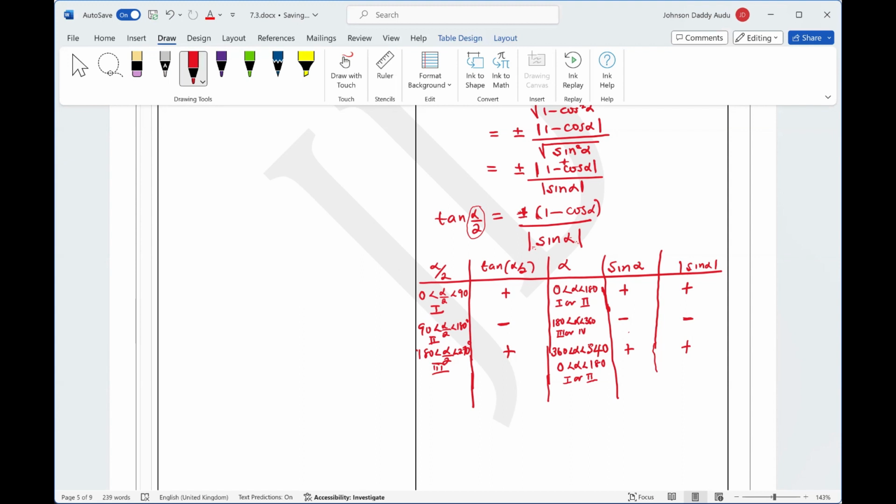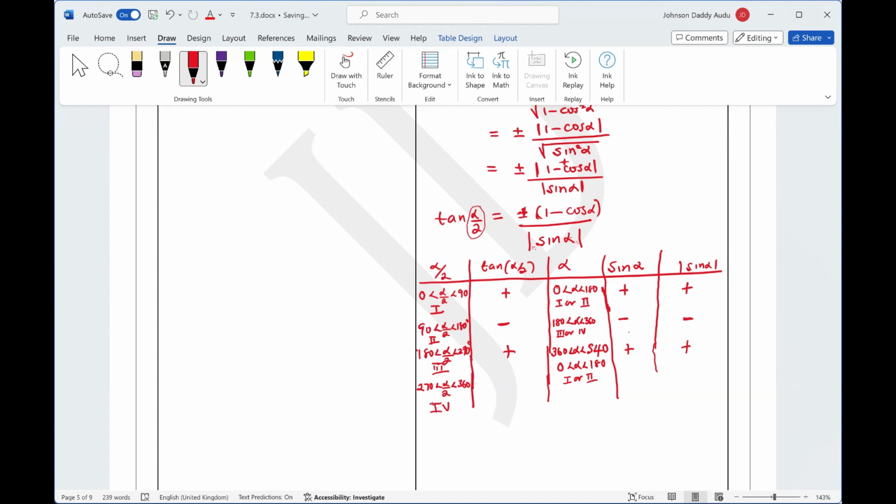And finally, we look at when you are between 270 and what? 360. So it means that now you are in the fourth quadrant. It means alpha over 2 is in the fourth quadrant. So if alpha over 2 is in the fourth quadrant, tan alpha over 2, we know it's going to be what? Tan is negative in the fourth quadrant.